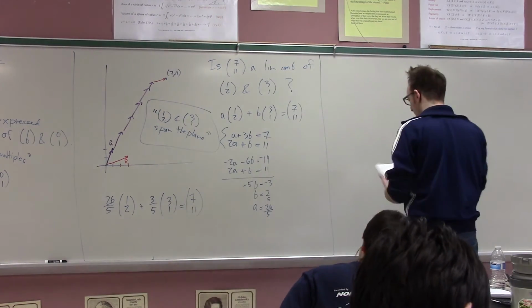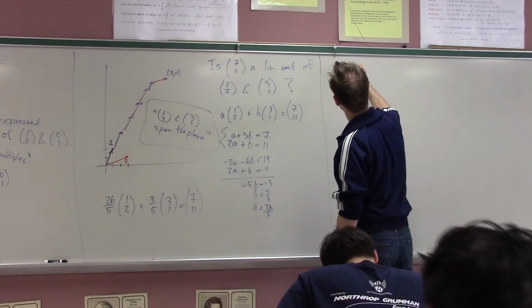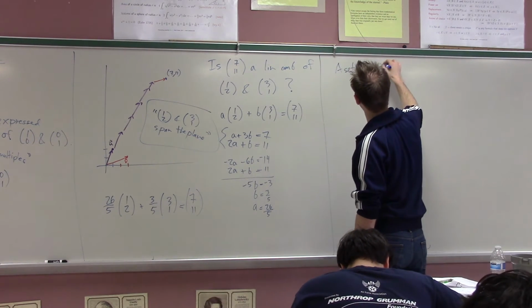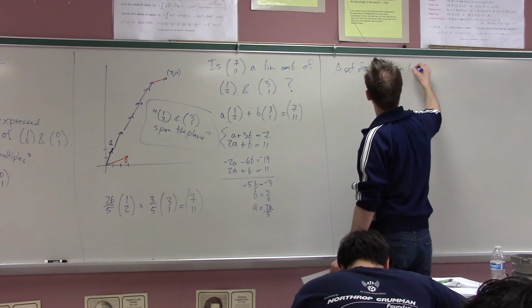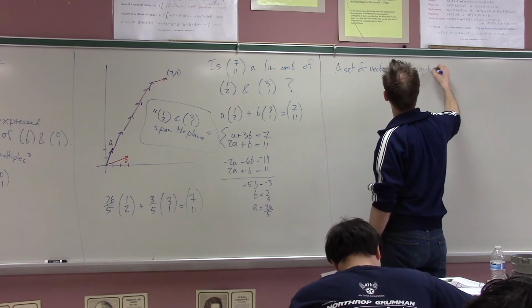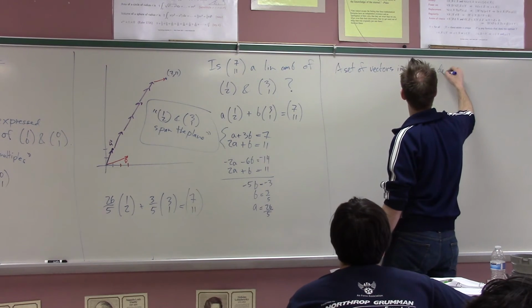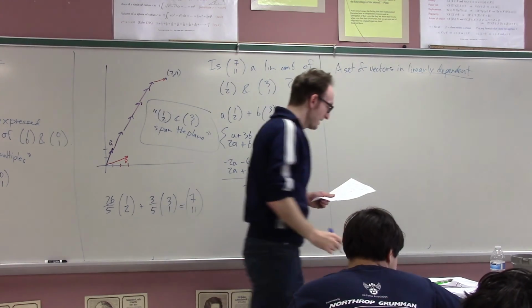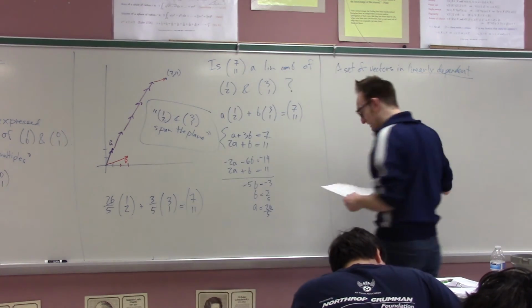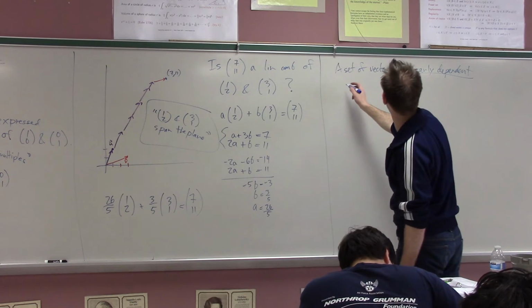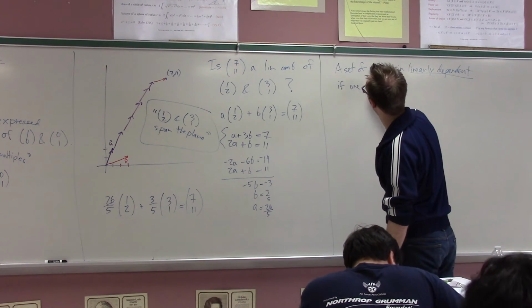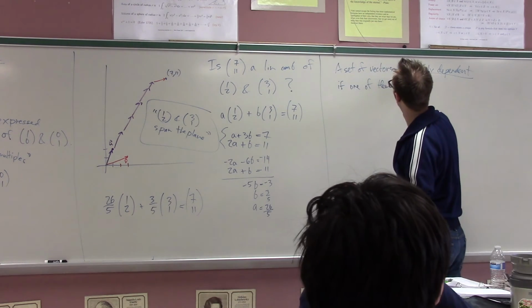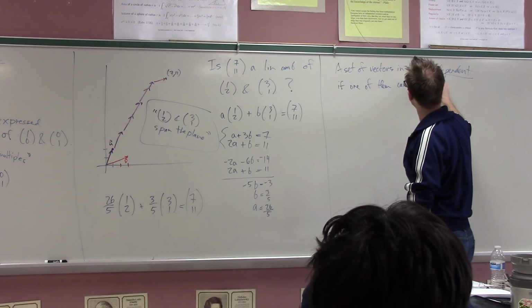Okay, more. So, here's what we say. A set of vectors is linearly dependent if one of them can be expressed as a linear combination of the others. This is the vocab here.